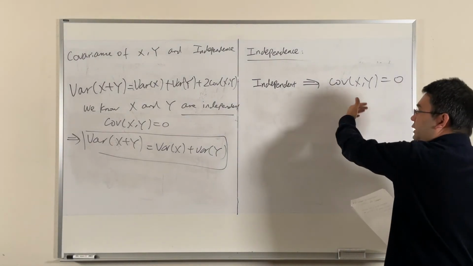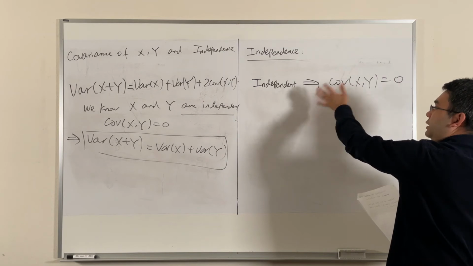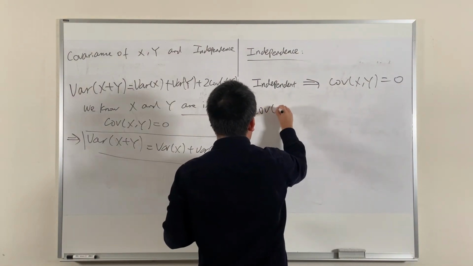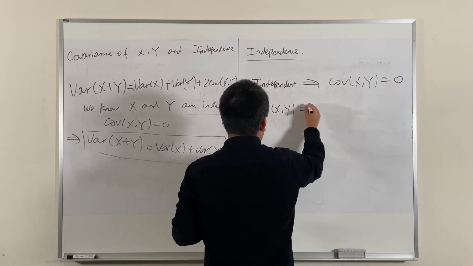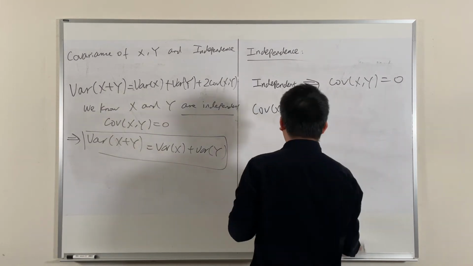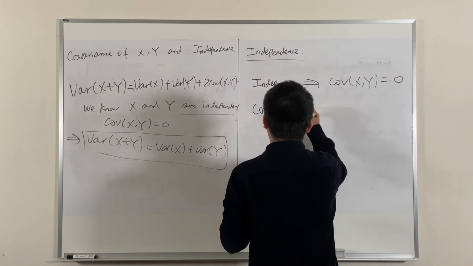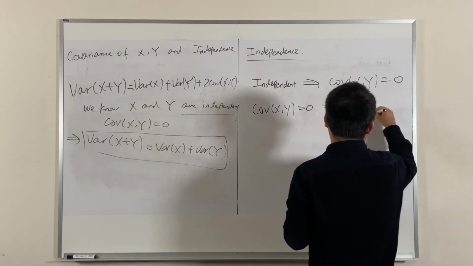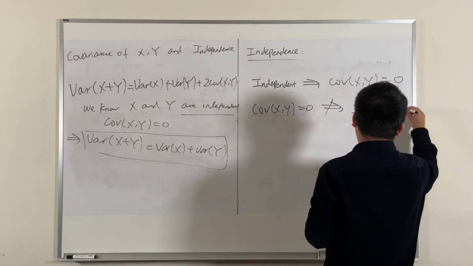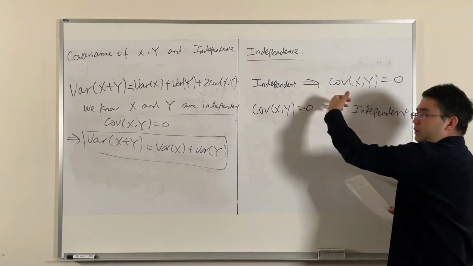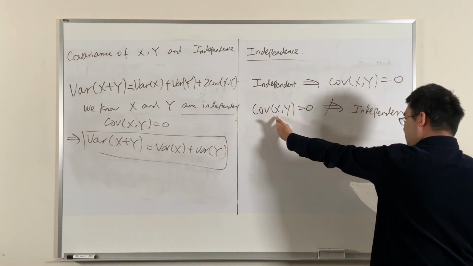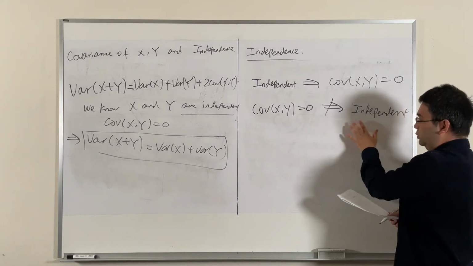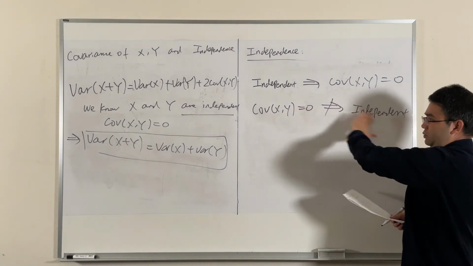But the reverse direction is not necessarily true. So knowing the covariance equals 0 does not imply that they're independent, right? Okay, so remember, this direction is one way. Knowing the covariance of X and Y equals 0 does not mean that the two random variables are independent, right? It's not necessarily true, but this direction is true.